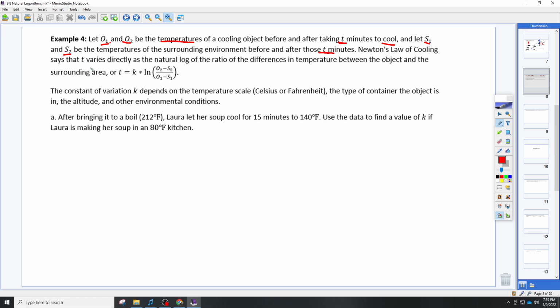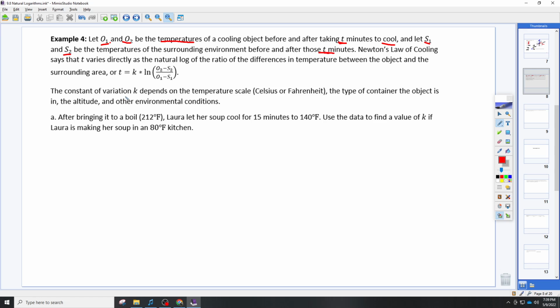Newton's law of cooling says that T varies directly as a natural log of the ratio of the differences in temperature between the object and the surrounding area. That's all pretty confusing, but it's just leading up to this equation. T equals K times ln, in parentheses, O sub 2 minus S sub 2 over O sub 1 minus S sub 1.